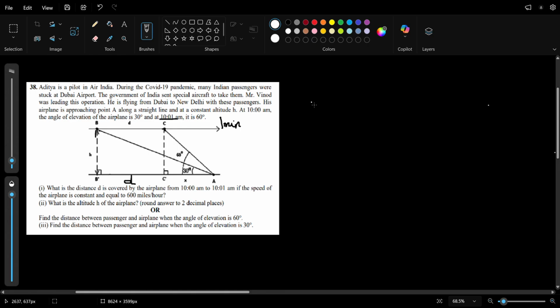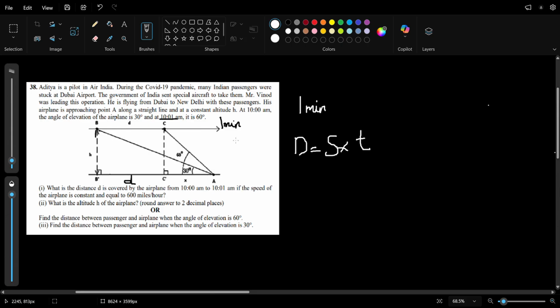This is the biggest mistake. So from 10 a.m. to 10:01, the time difference is 1 minute. We know that distance is equal to speed into time. Now they give the speed as 600 miles per hour.